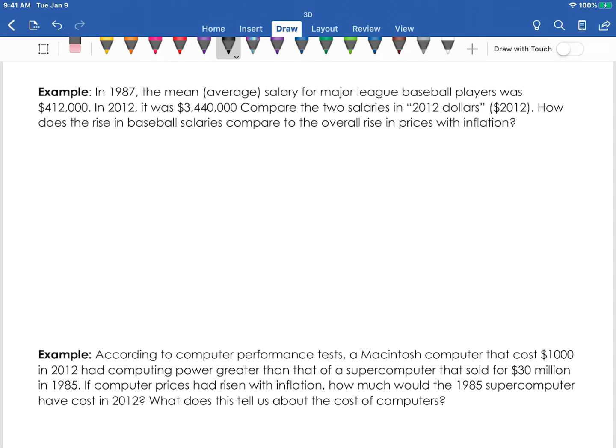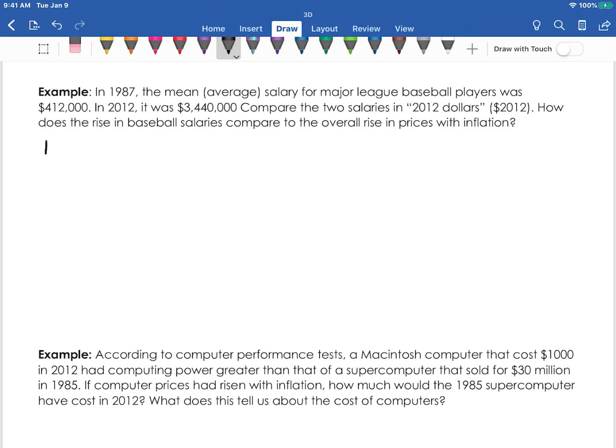Okay, in the next example, it says, in 1987, the average salary for a Major League Baseball player was $412,000. Then in 2012, it was $3,440,000. We're going to compare the two salaries in 2012 versus what the inflation amount should be, and answer the question, how does the rise in baseball salaries compare to the overall rise in prices with inflation?